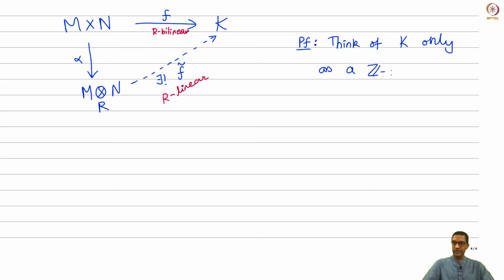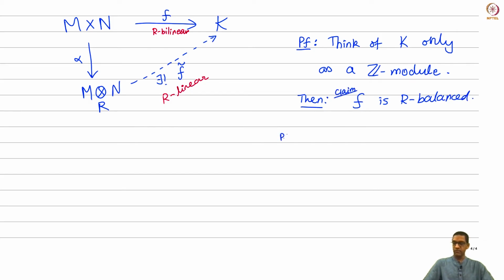Forget the fact that it is an R module, temporarily. Then I claim that the map F being R bilinear in fact implies that it is an R balanced map. Claim: F is actually R balanced.